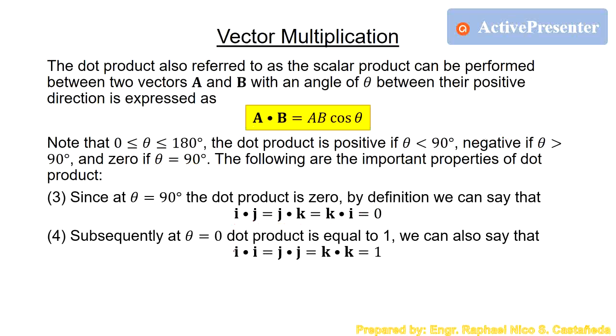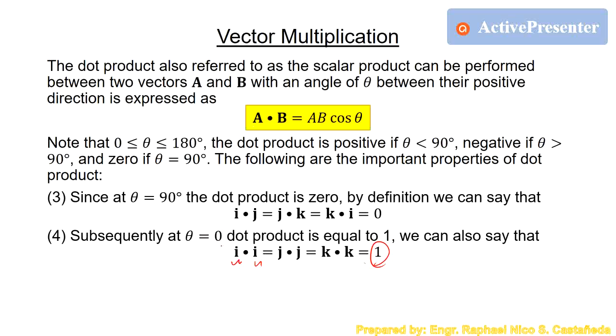Subsequently, if theta equals 0, and we apply the dot product to, for example, two I's, of course I is the same, it is always on the x-axis. The answer is 1, because the cosine of 0 is 1.